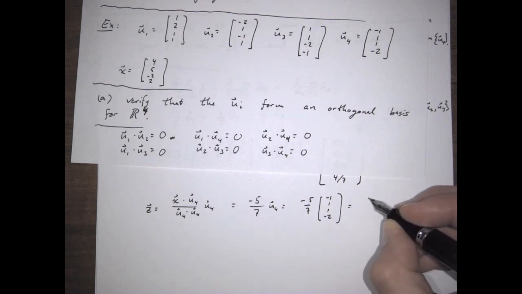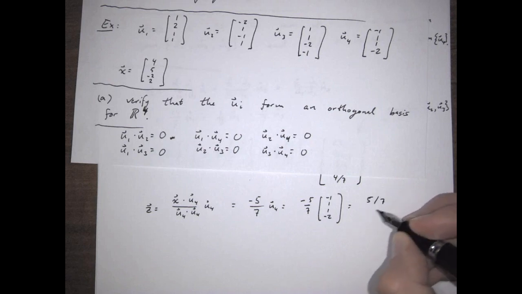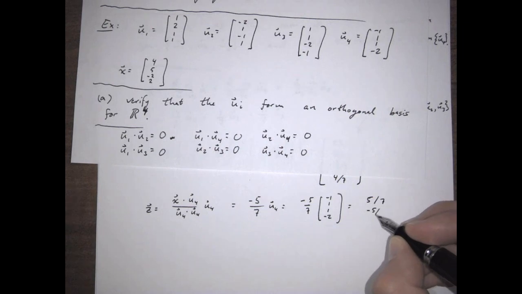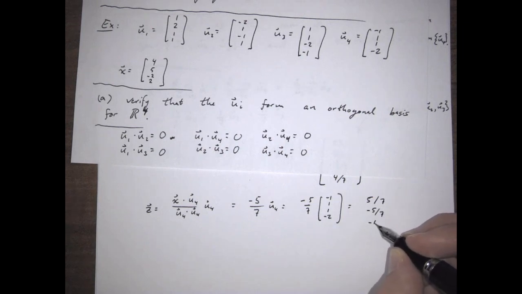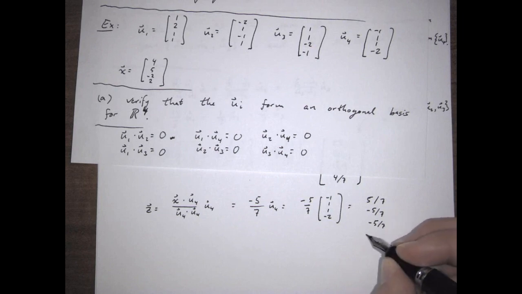So it's going to equal positive 5/7, -5/7, -5/7, and then positive 10/7.